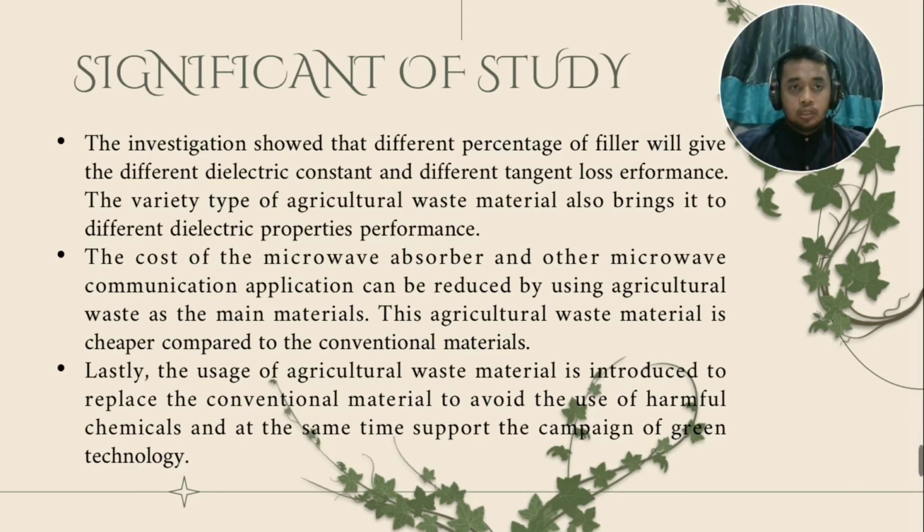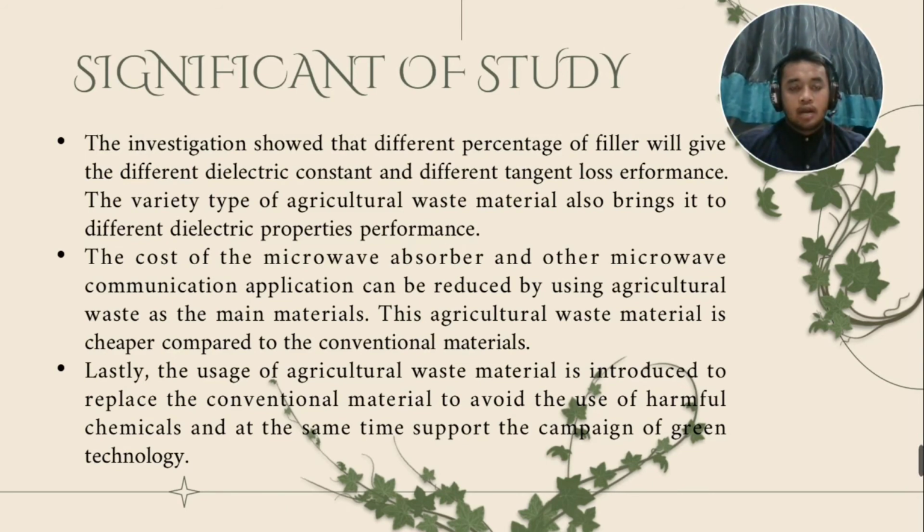Number two, the cost of the microwave absorber and other microwave communication applications can be reduced by using agricultural waste as main material like sugarcane, rice husk, and banana leaf. This agricultural waste is used because the material is cheaper compared to the conventional material.